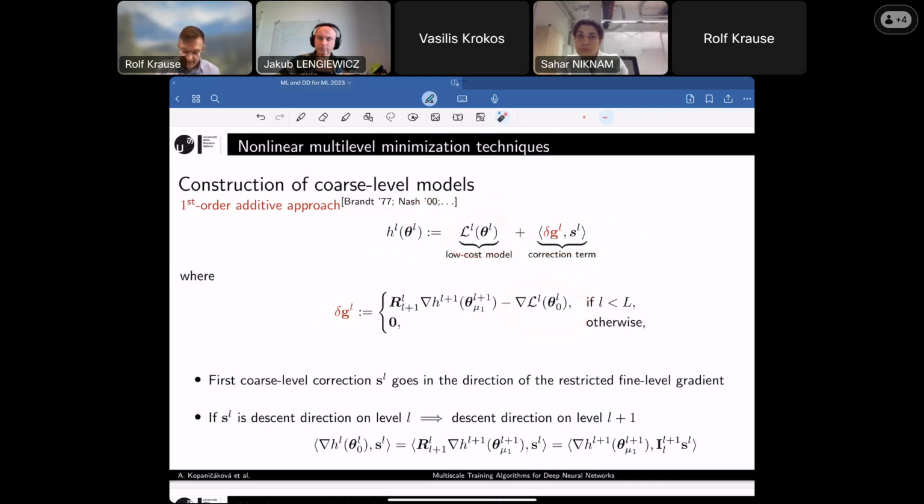So the gradient of your low cost model, this first order consistent model, is nothing else than the restricted gradient of the fine level model, which means that by this modification locally, without looking at global information, your first iteration step will always go in the direction of the negative gradient of the fine model.